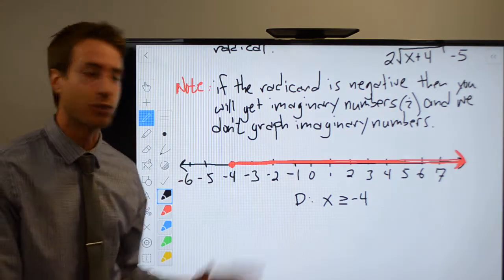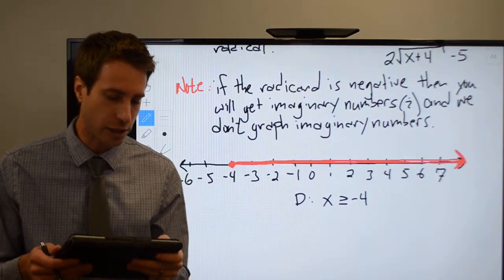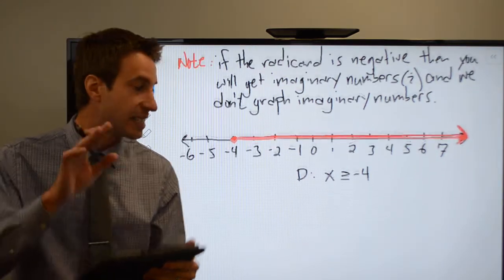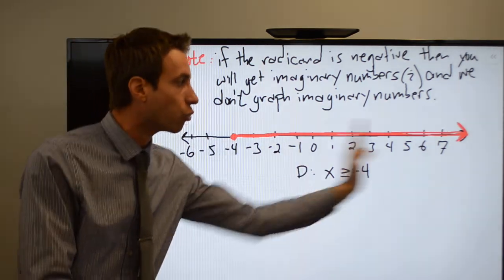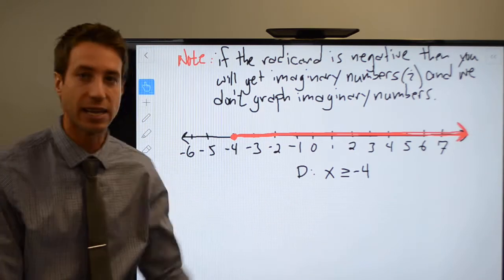Now, another way of doing it, here's what I'm actually going to ask you to do. The simplest way to do that is this. Please notice that negative 4, I want everything greater than or equal to negative 4.